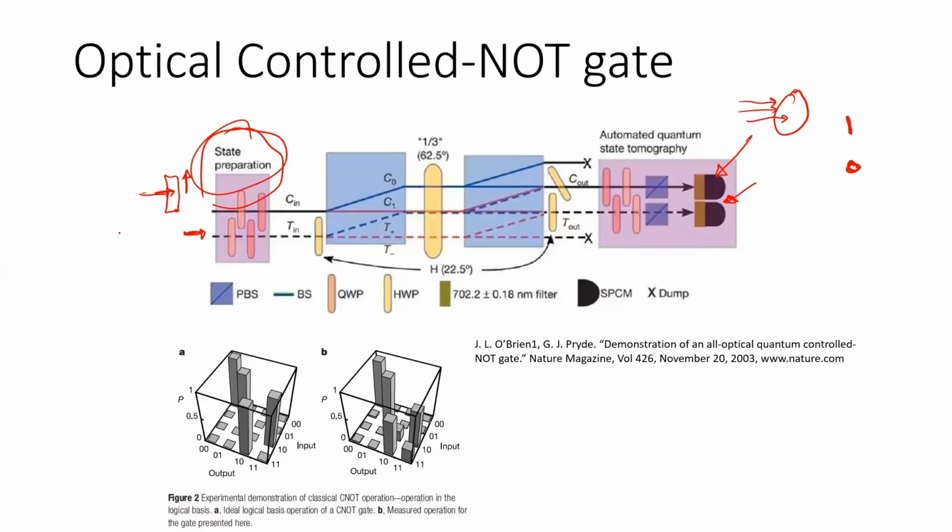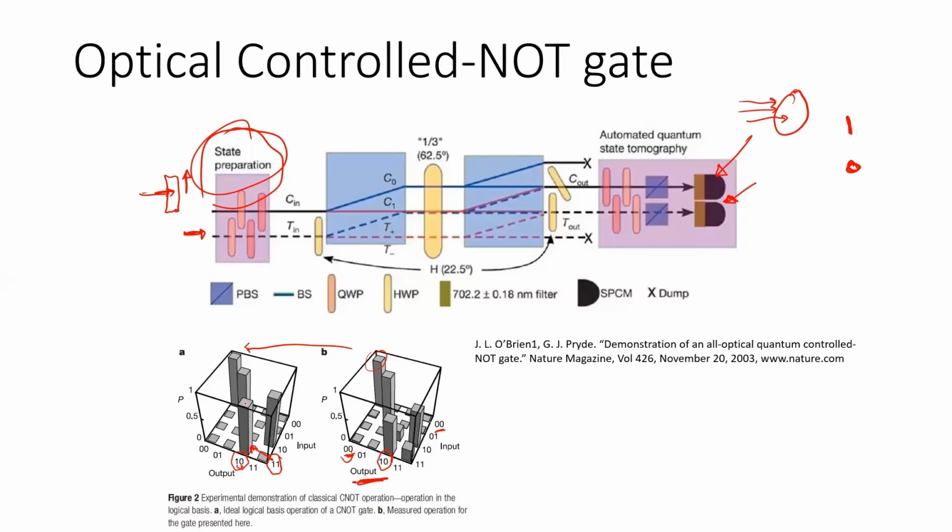Now, this is the expected result from this apparatus. This is the measured output here. See, guys, this is the control node. If you put 0, 0, you are expected to get 0, 0, because this is not controlling the 0, 1. And this is expected, just as the other one. But if you put a 1, 0, for example, the expected thing is that it will change the target bit 0 to 1, so you will end up with 1, 1.